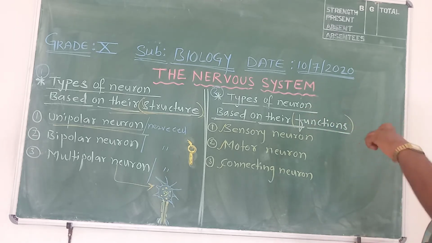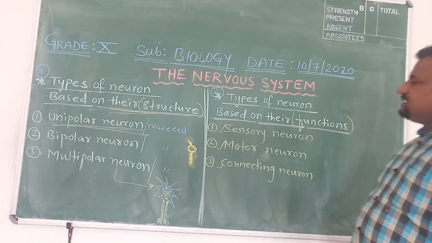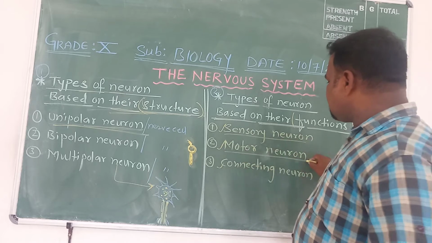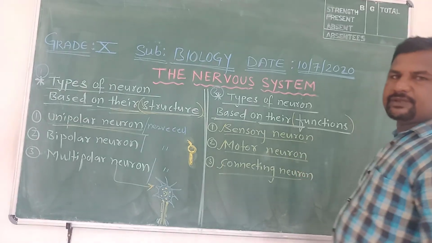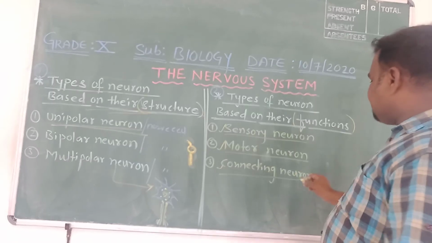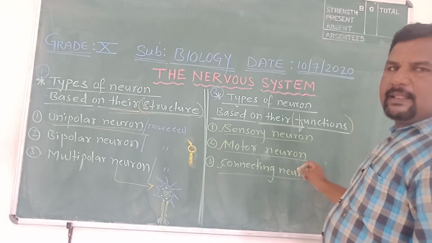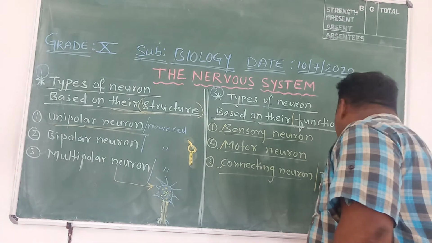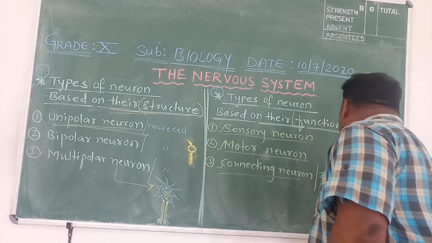Based on the functions they perform, they are classified into three divisions: sensory, motor and connecting. Now, this connecting neuron or nerve cell can otherwise be called an interneuron.